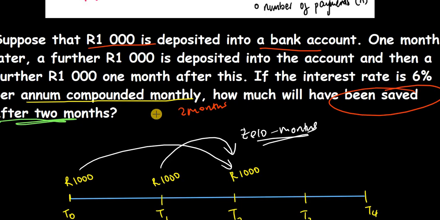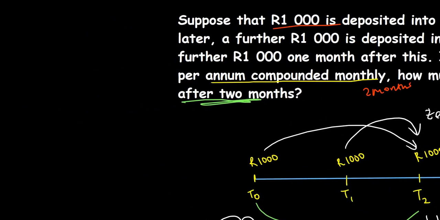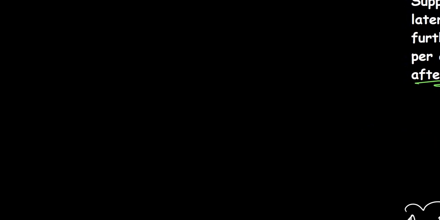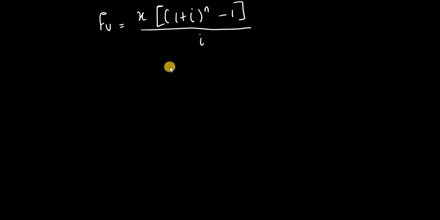The interest is given, and then the number of payments that we made. So let me write the formula here, and then we can follow along as we do the question. For future value, we say future value equals x into 1 plus i to the power of n minus 1, all divided by i.